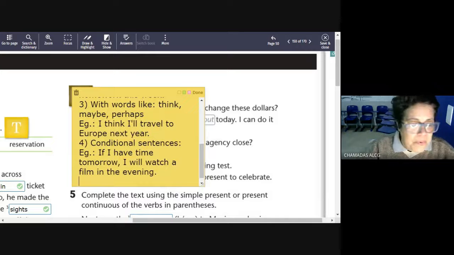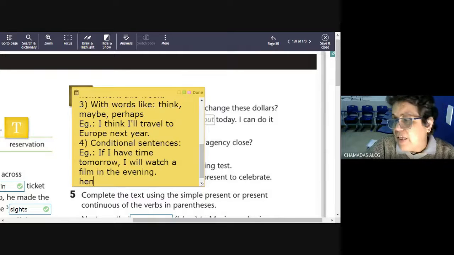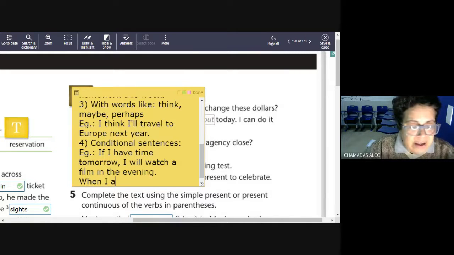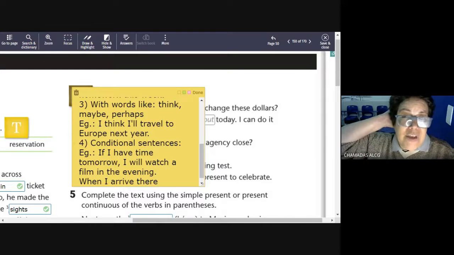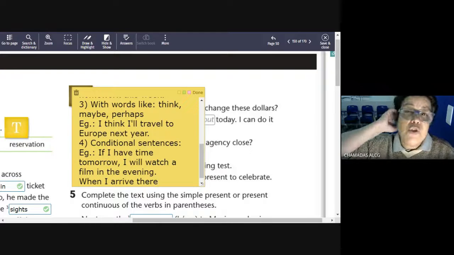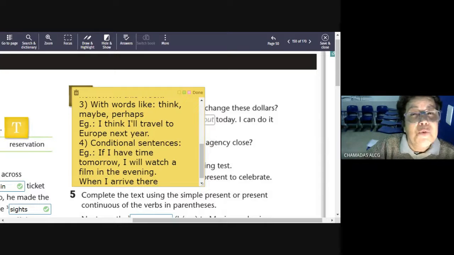Another example, and I can also use this as conditional. Okay, guys, when I arrive there, suppose I'm traveling and my family, my mother asks me to call when I arrive. So I say, okay, when I arrive there, I'll call you.